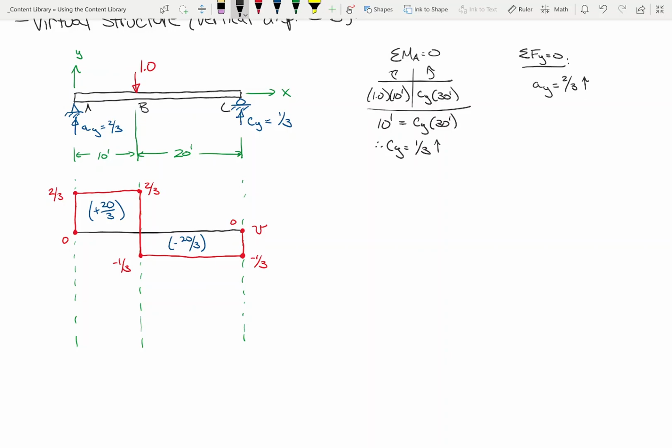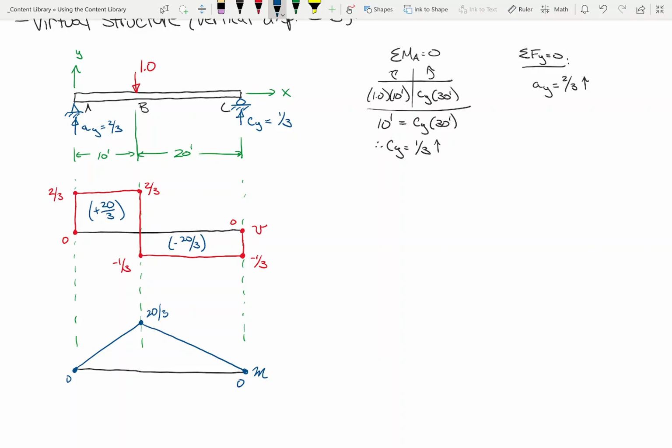So our moment diagram, I get that. Yes. And you don't absolutely have to do the shear moment diagrams for this.